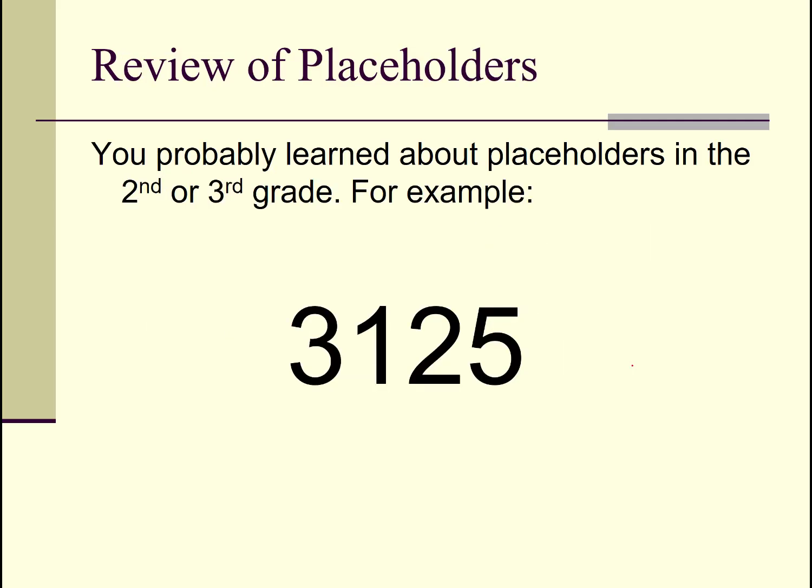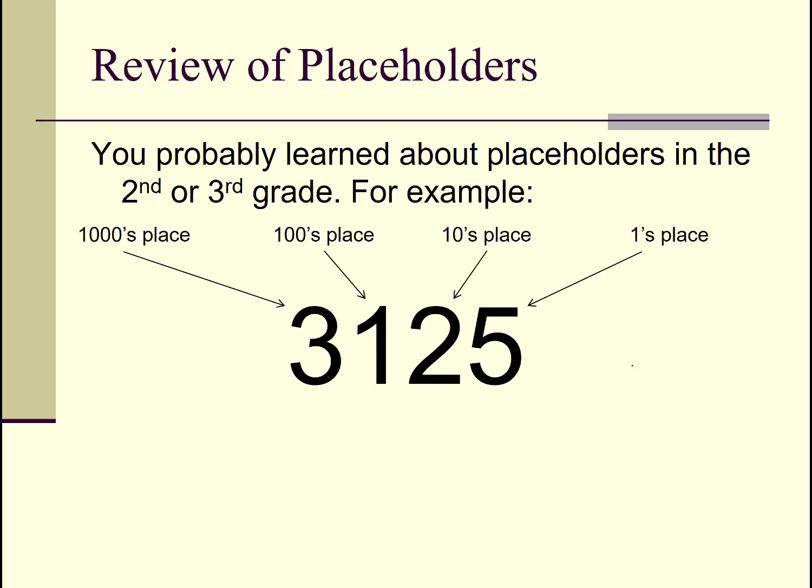Okay, so let's review how we play with the placeholders. For this number, 3125, if you remember, 5 is the ones placeholder, 2 is the tens placeholder, and so on, right? 1 is the 100s, and 3 is the 1000s placeholder.